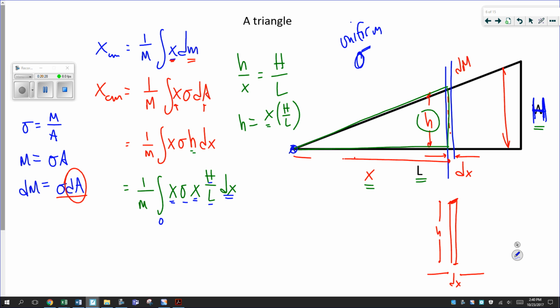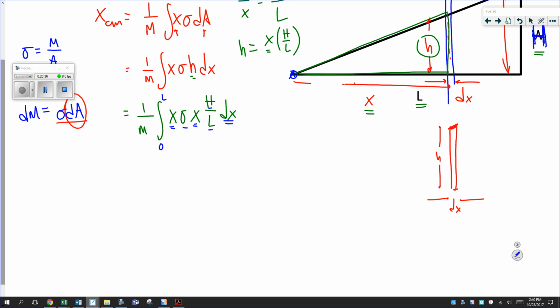It varies from 0 out to big L. Now again, these constants, I'm going to yank them out the front. So we got sigma H over L. We do have this m, and then we integrate from 0 to L, x squared dx.